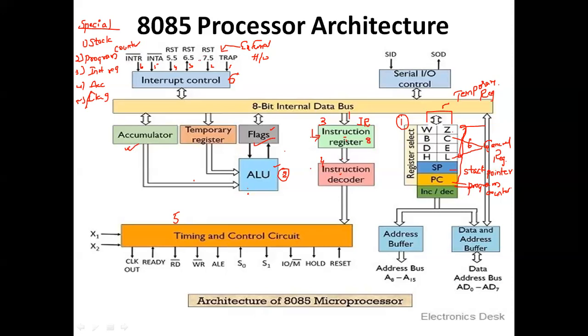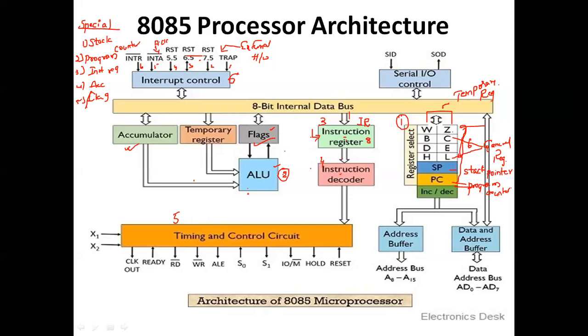Then the microprocessor is going to send an acknowledgement for receiving the interrupt signal. Generally this INTA signal is used for acknowledgement. So that is the purpose of this interrupt control section.